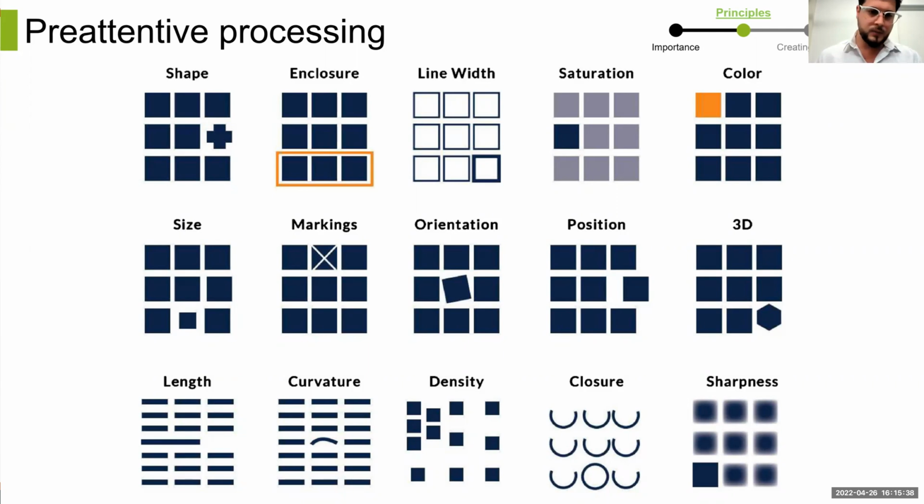As we have seen, because our eyes can detect a limited set of visual characteristics, we can combine various features of an object and unconsciously perceive them as a single image. Pre-attentive attributes such as shape, line width, color, position, length, and more draw our attention to a specific part of our image, or in our case, a graph. So here is a list of examples of pre-attentive attributes we can use in our visualizations.